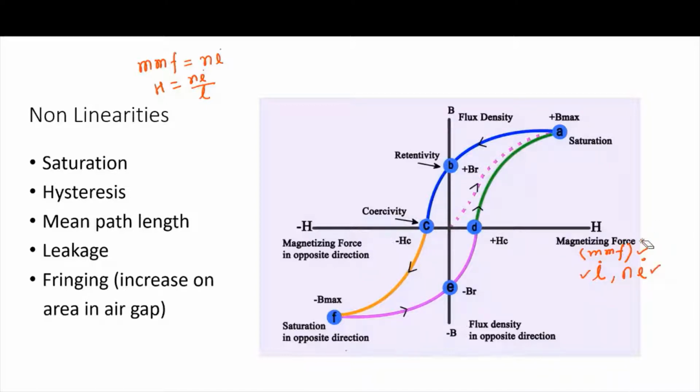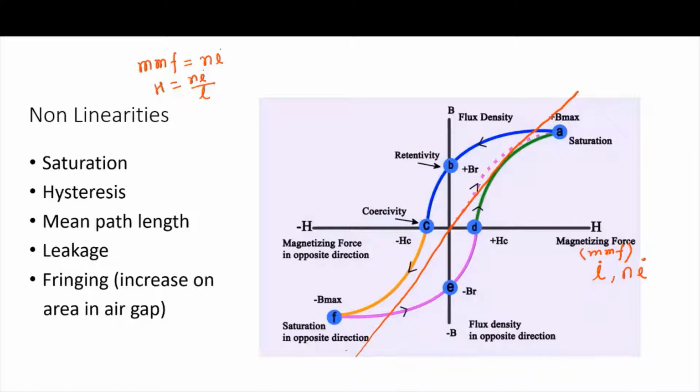So in the previous slide, we had a straight line like this for the material property, how Ni or H is related to flux density. But it's not true in practical material.